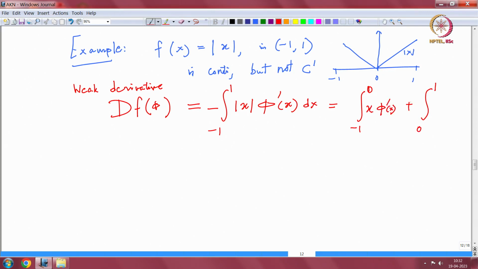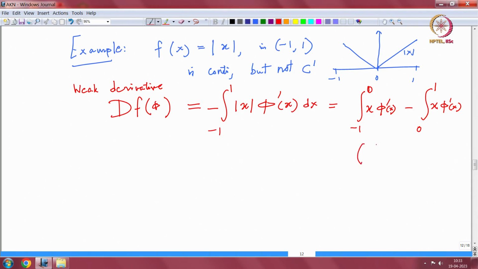And on 0 to 1, mod x is plus x, so you get x phi prime of x. In minus 1 to 0 and 0 to 1, x is differentiable. So, you can integrate by parts, but keep it in mind phi has compact support in minus 1 to 1.